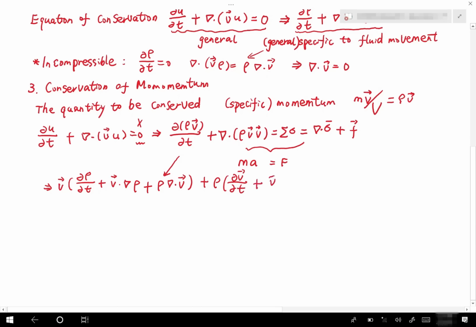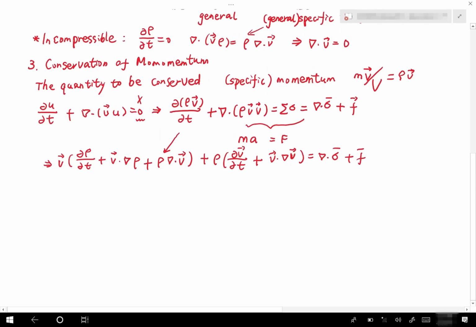So you can try it yourself. You should be able to derive this equation yourself. You take some time. We only change the left-hand side; the right-hand side, we have the same thing.